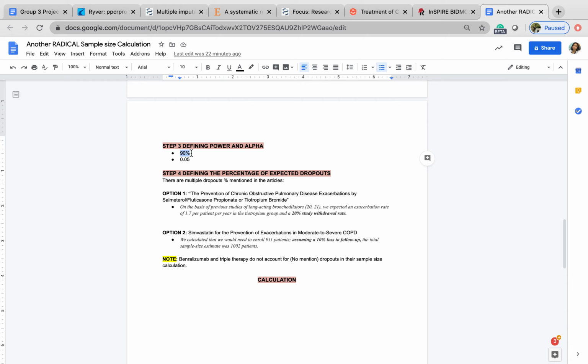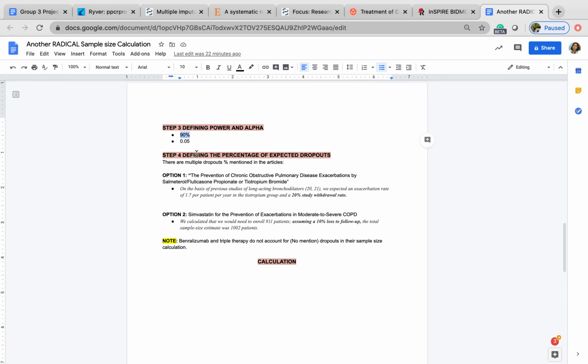The final part, which is defining the percentage of expected dropouts, we also did a literature research, and we found two different articles that were using our same criteria. The first one was using a 20% study withdrawal rate, and the second one was using a 10% loss to follow up.